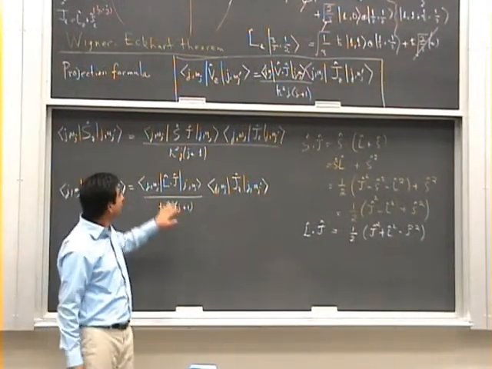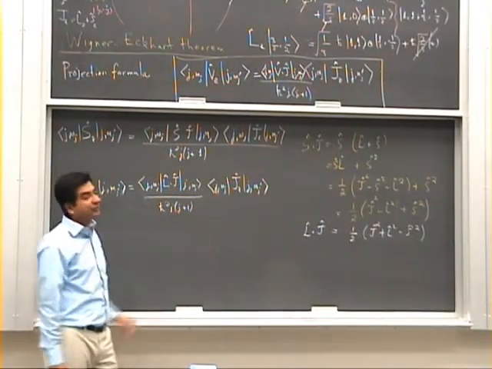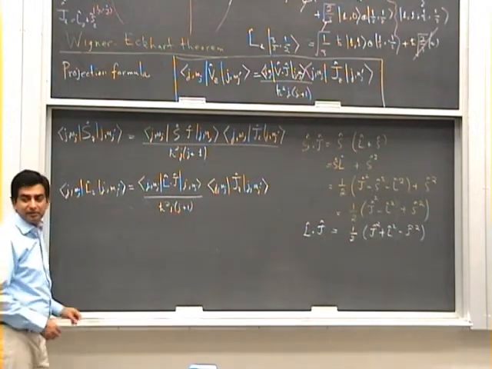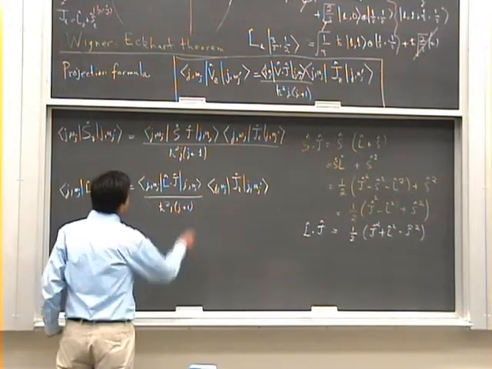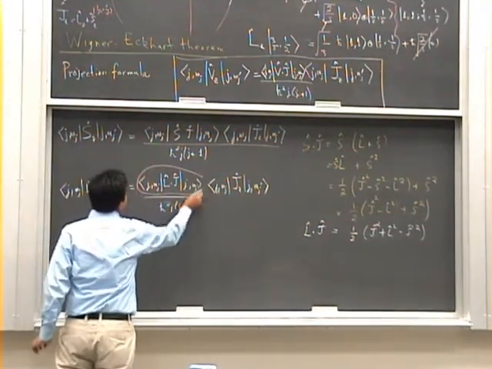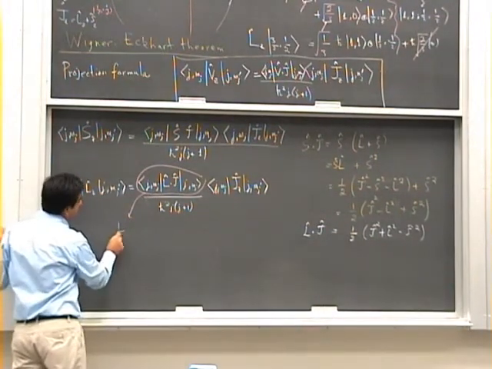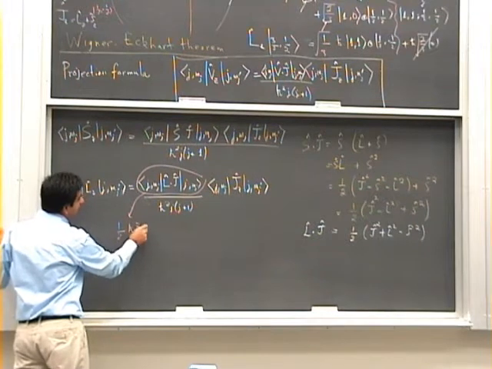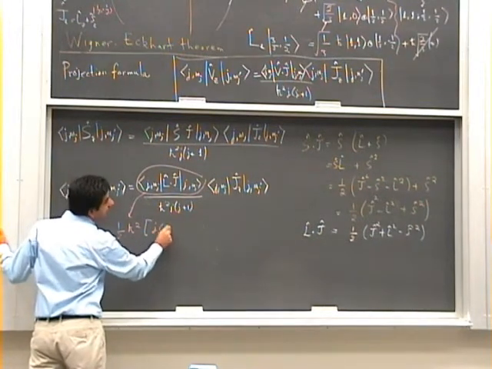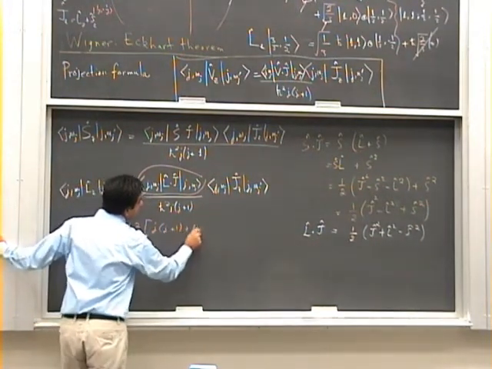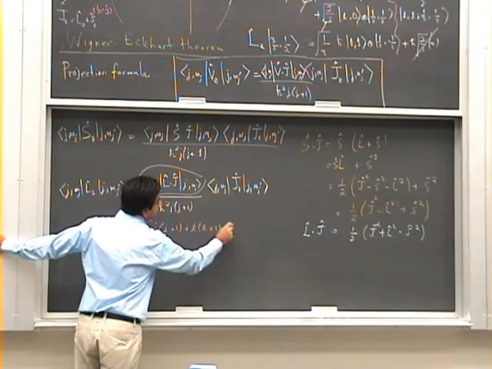Okay? So now these expectation values are quite easy to find. For example, this expectation value is simply equal to half ħ² [J(J+1) + L(L+1) − 3/4].